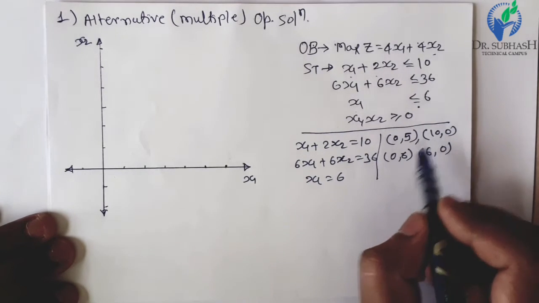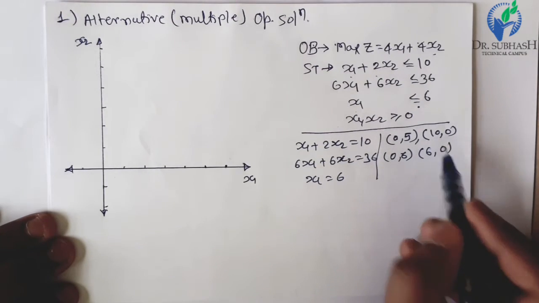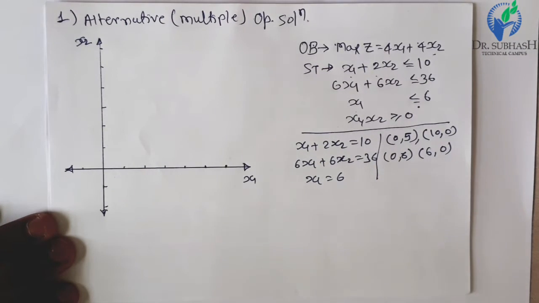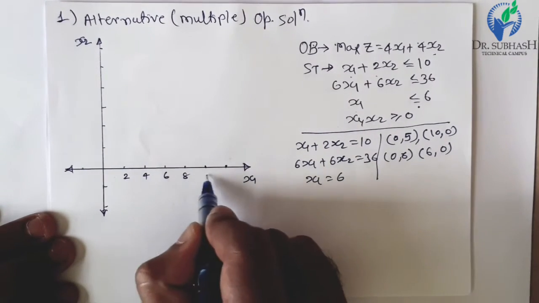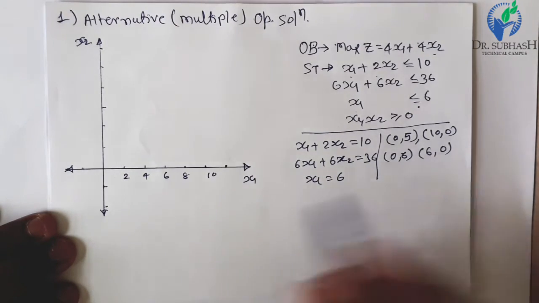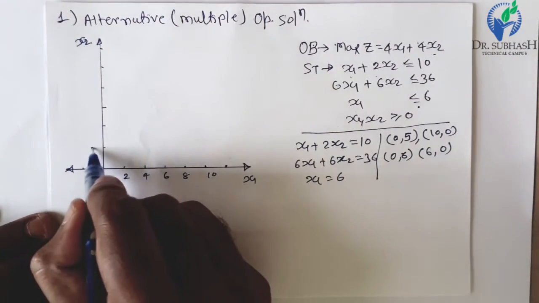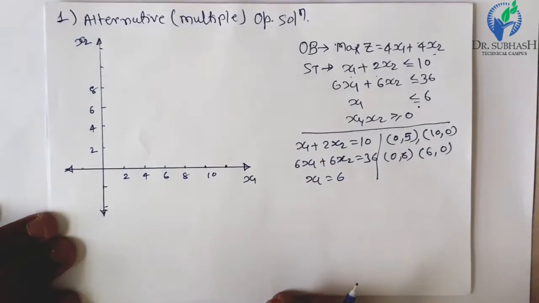For x1 the values are 0, 10 and 6, so the maximum value for x1 is 10. So consider the scale accordingly: 2, 4, 6, 8 and 10. And for x2 the values are 5 and 6, so the maximum value is 6. So consider 2, 4, 6, 8 like this.